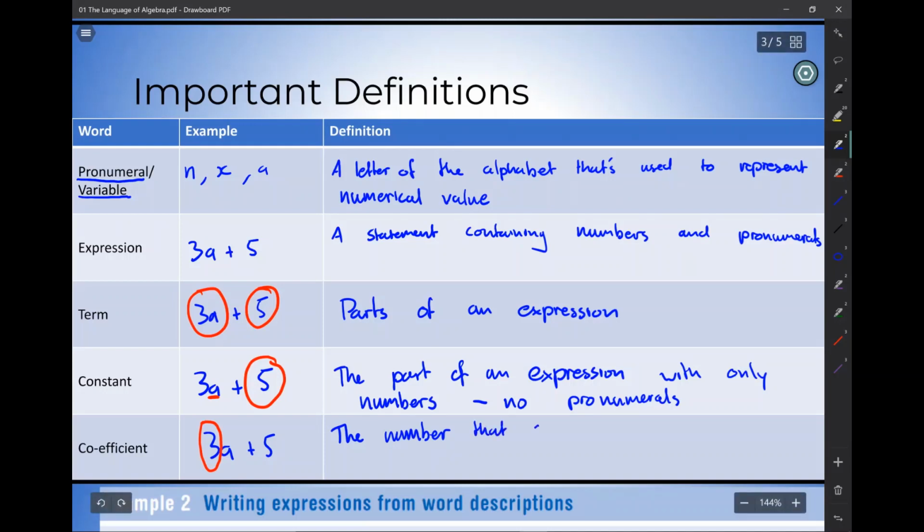The number that comes before a pronumeral.